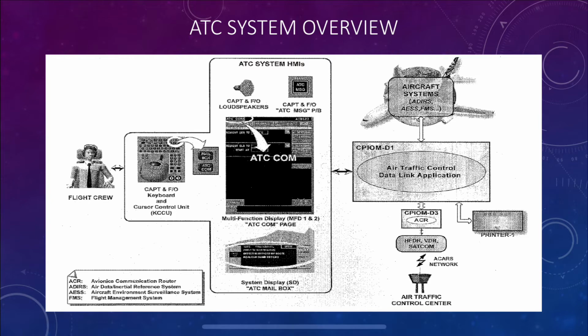We can push this mailbox if we want to see what ATC message to flight crew. And we can push the button ATC COM. There is multi-function display MFD1 and 2 at the ATC COM page. And from there we can see this is all ATC system HMI that I talk about, human machine interface.